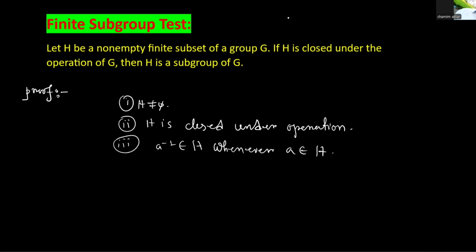two-step subgroup test. Now in our hypothesis, H is non-empty is given, and H is closed under operation is also given.